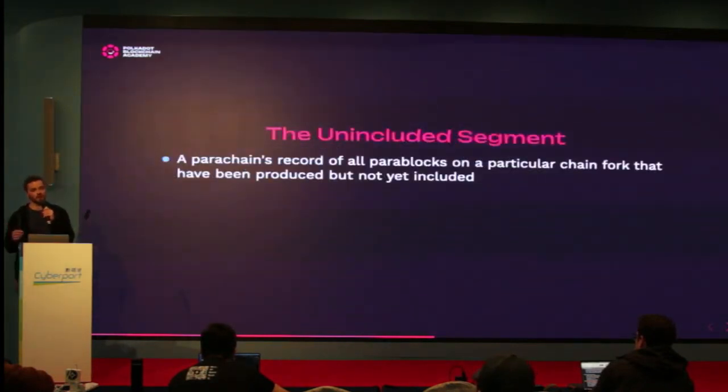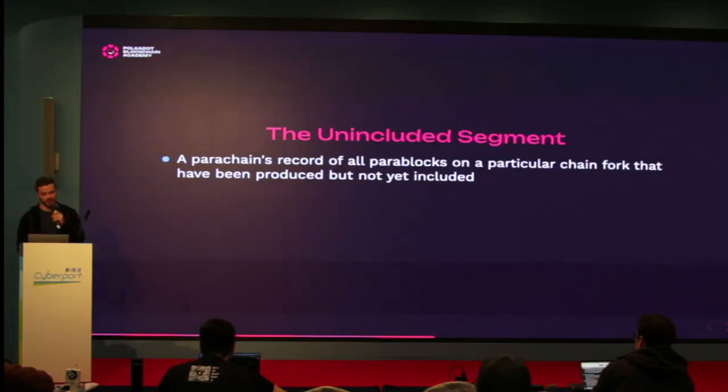All right, so the unincluded segment. This is one of our new data structures, one of our new caches that is informing asynchronous backing. It is a parachain's record of all the parachain blocks on a particular chain fork that have been produced but not yet included. That is, they've been produced by a collator, communicated to a backing group, but they have not been included on chain.